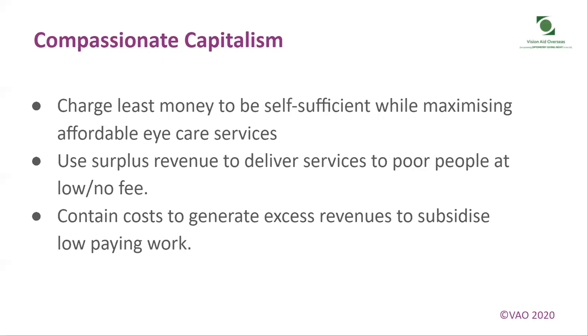Compassionate capitalism rests on the principle of generating sufficient profit to deliver services to underserved or poor people. It is not based on maximising profit at all costs, at the expense of excluding people with low purchasing power, for instance, those who cannot pay above cost.